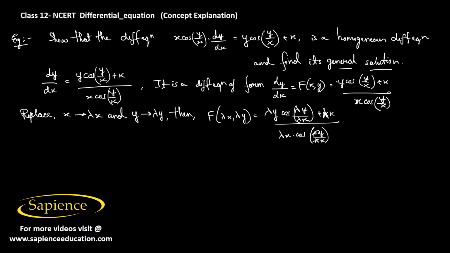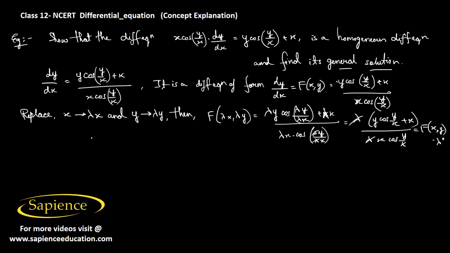So lambda and lambda will cancel. From the numerator I can take lambda as common. This will be y cos y by x plus x divided by lambda into x cos y by x. So lambda and lambda cancel, which is the same as f of x comma y into lambda power 0.